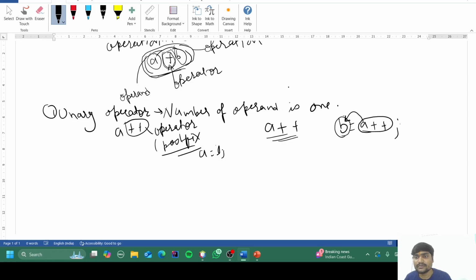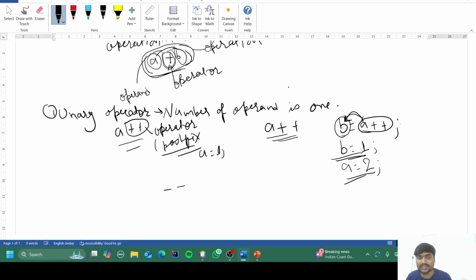Postfix means the increment is done afterwards. So if a is equal to 1, first the value is assigned to b, that is b is equal to 1. Now the value of a is incremented by 1, that means a becomes 2 now. So this one is the postfix operator, that is a plus plus.